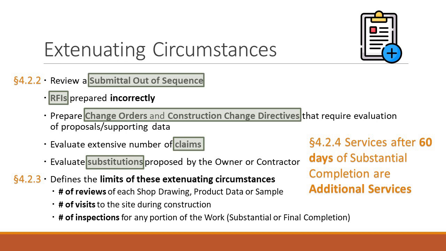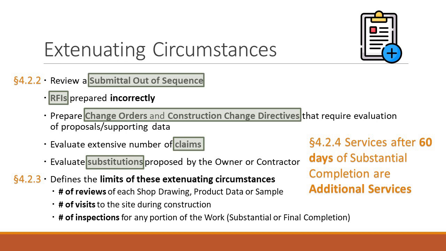Except for services required under 3665, which was earlier, under the completion of the construction work. This says construction phase services provided more than 60 days after substantial completion, or the initial substantial completion date identified in the agreement, get additional costs. So if you remember, it said your construction phase services end no matter what at final completion, at the final payment.